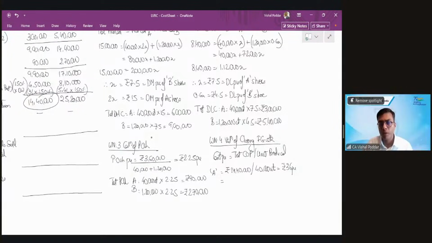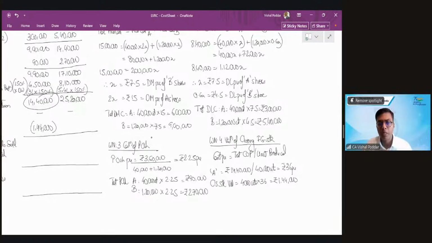So now I can find out the value. Closing stock value. Closing stock units are 4,000 into 36, correct? So I get 1,44,000 here. And it will be minus because closing stock is subtract.